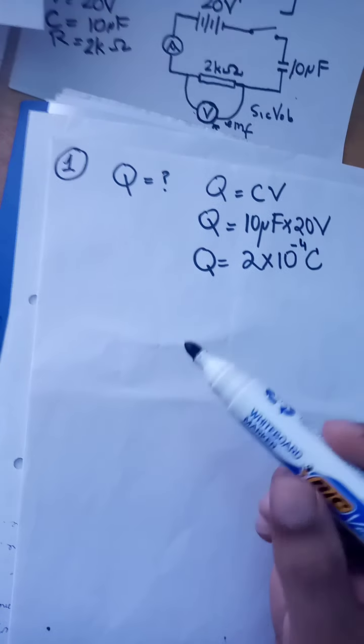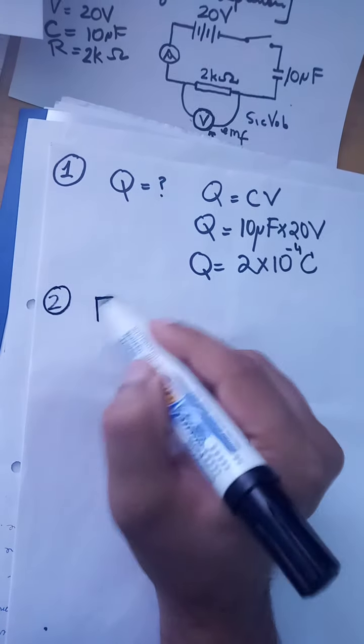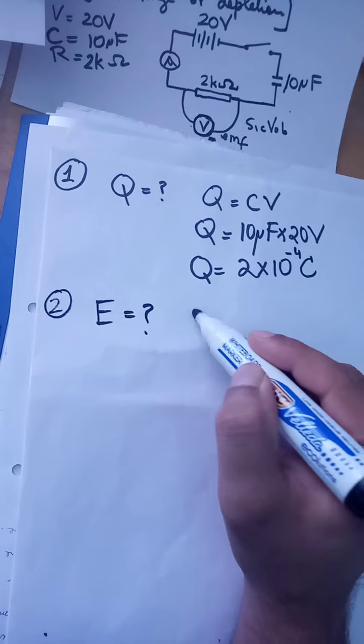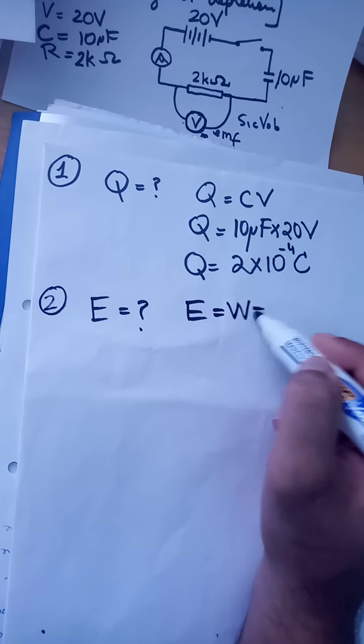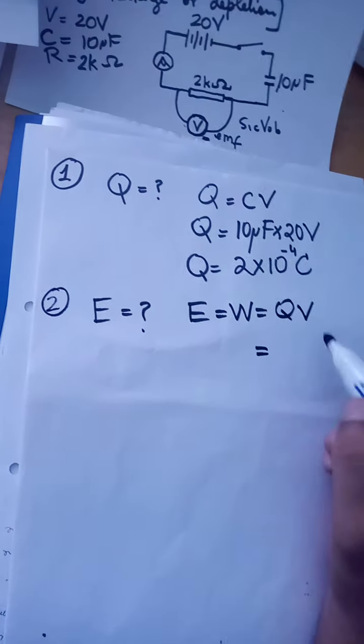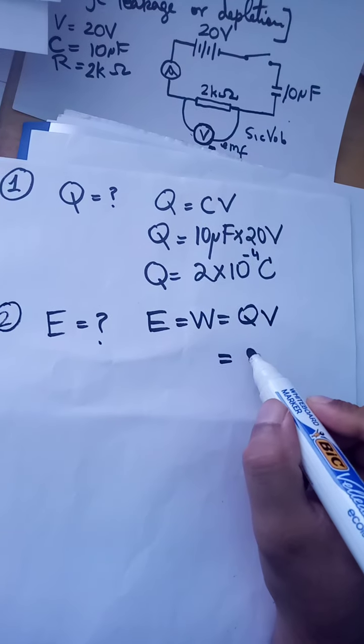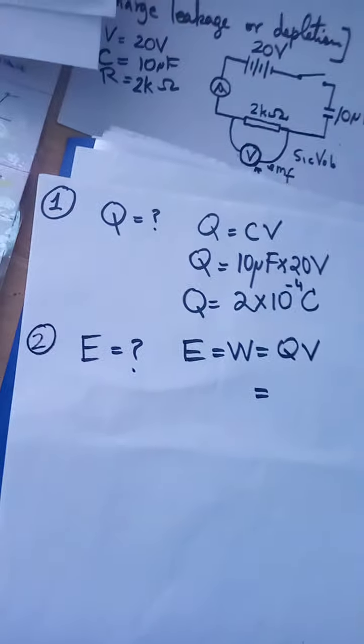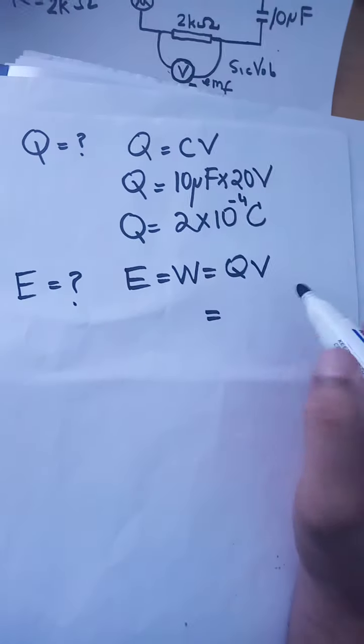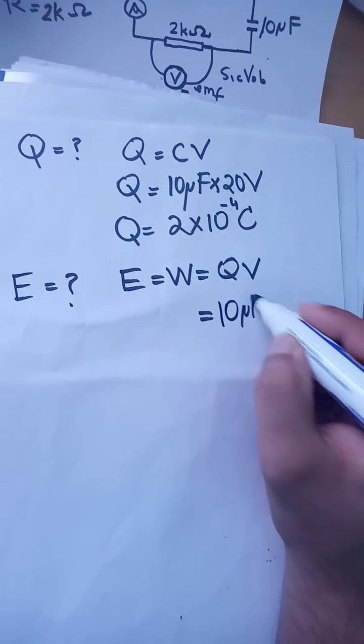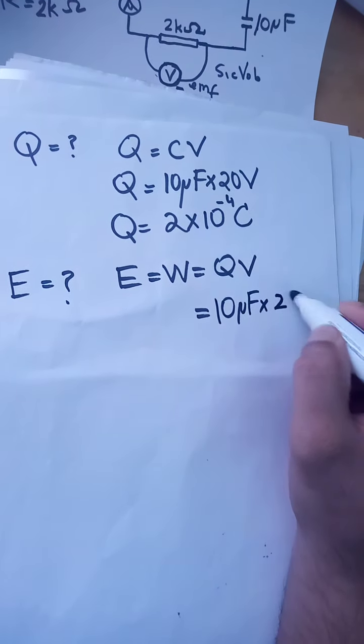And then we calculate the energy delivered. So the second part would be energy delivered. Energy is work done, and that's QV. So first let's just do QV. That'll be 10 microfarads times 20 volts.